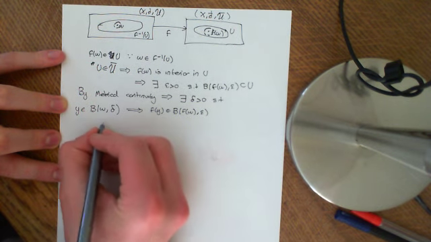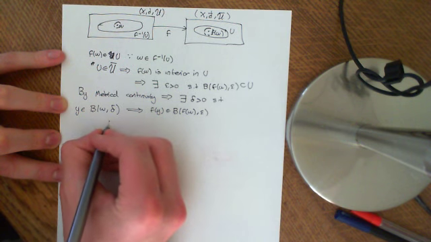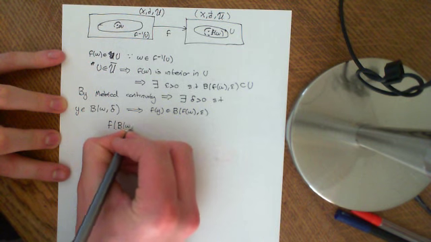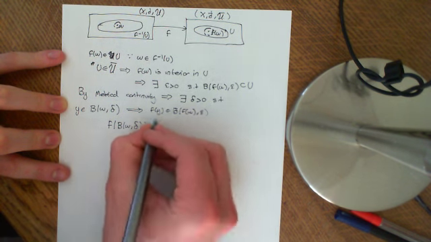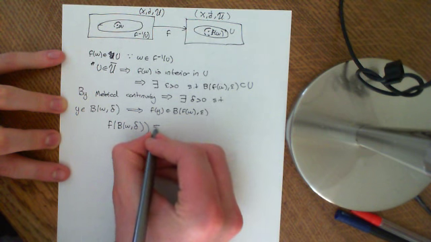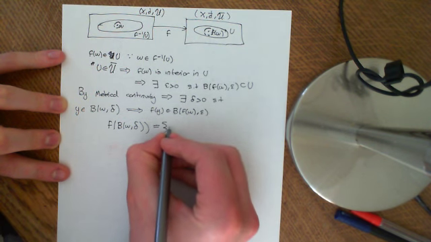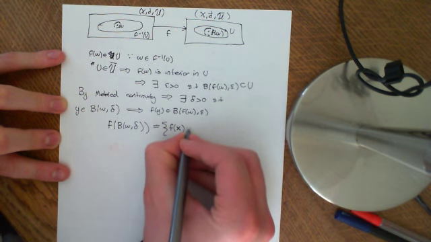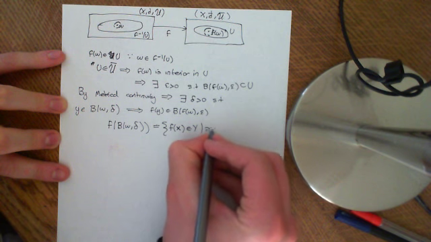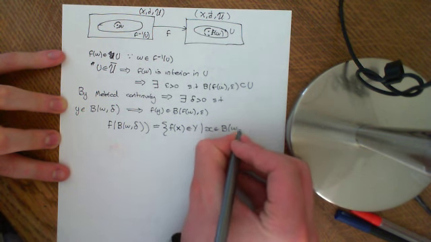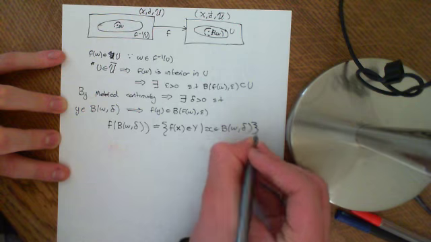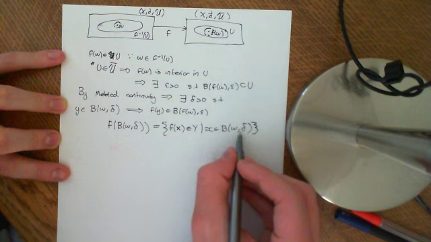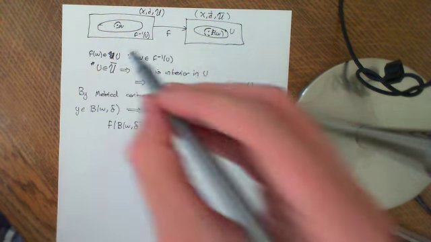Okay. Now the image of this ball, which I'll write F of B(W, delta), just means the set F of little x, such that x is an element of this open ball centered around W of radius delta. So it means take all the points little x in this set, the open ball centered at W of radius delta, and take their image.